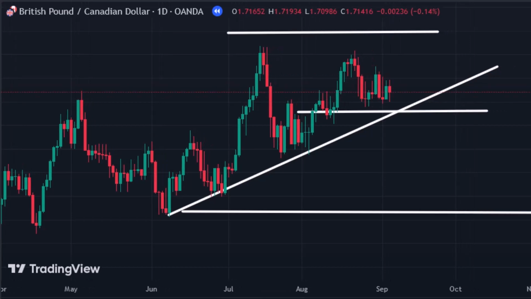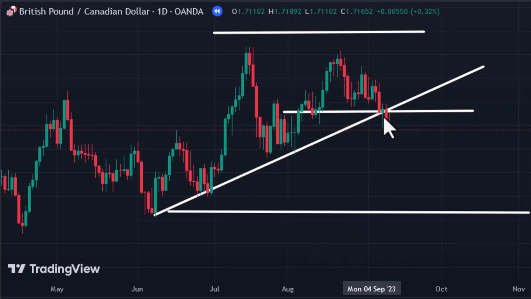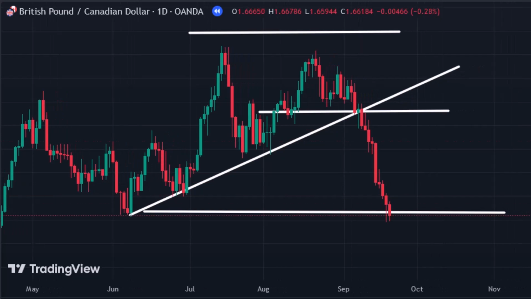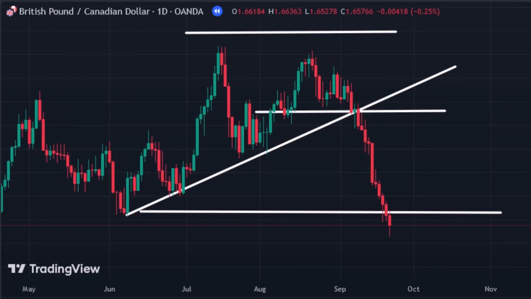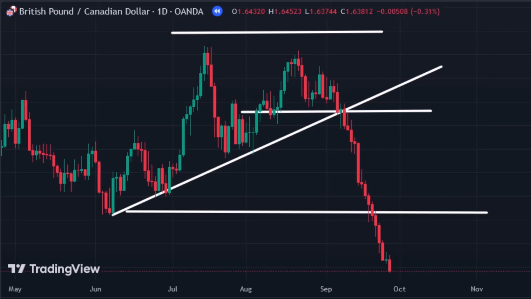You can see price keeps going. At this point, we have a breakout. Finally, there is a breakout, and price is now heading in your direction. See, price keeps going until your target gets hit, and price even went beyond your target.